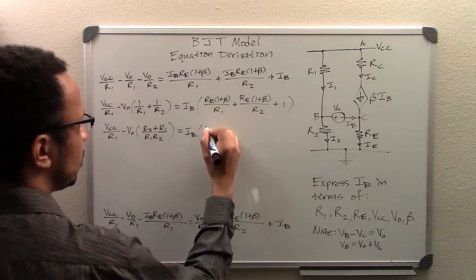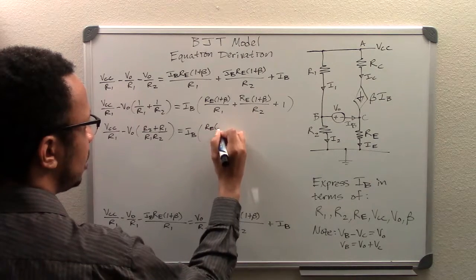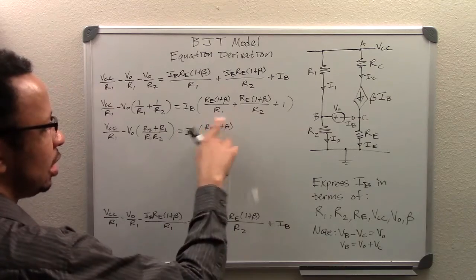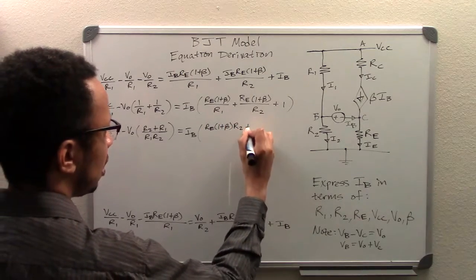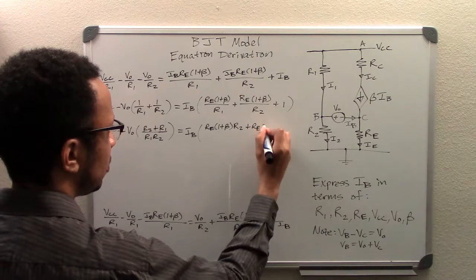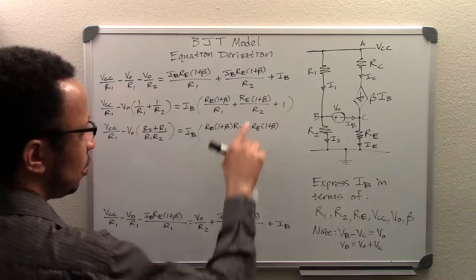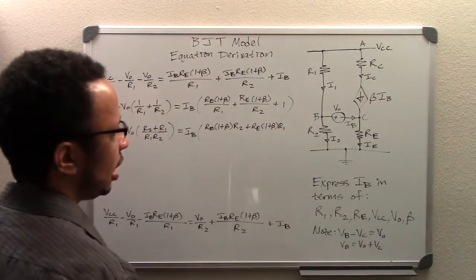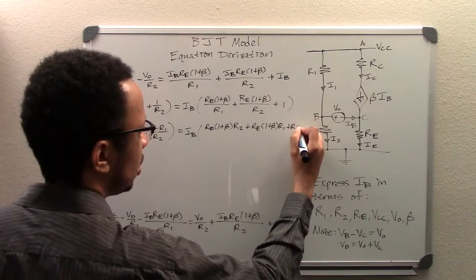And so now we have RE (1 plus beta), and we have an R1 here. What do we need? An R2, so that's going to be there. RE again, (1 plus beta). We have an R2 here. What do we need? An R1. And then over here, we're going to need both R1, R2.